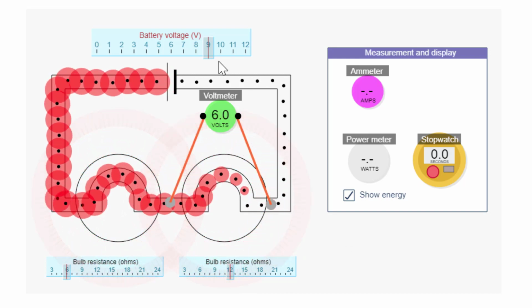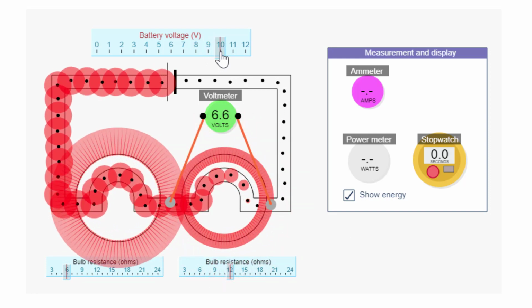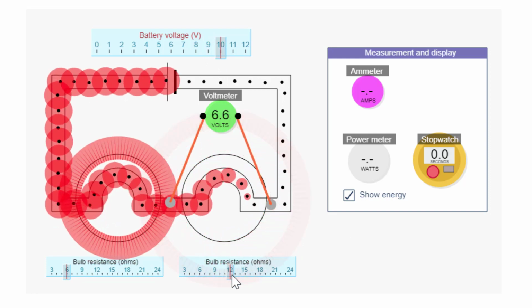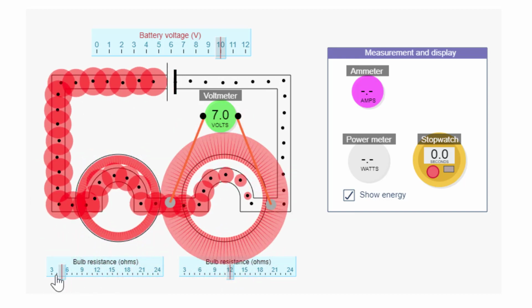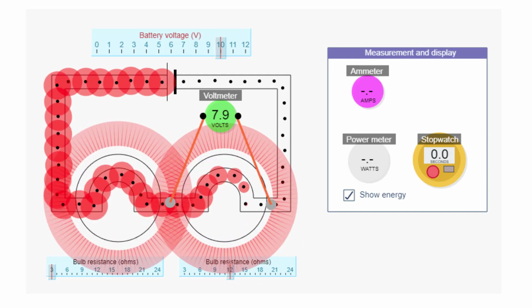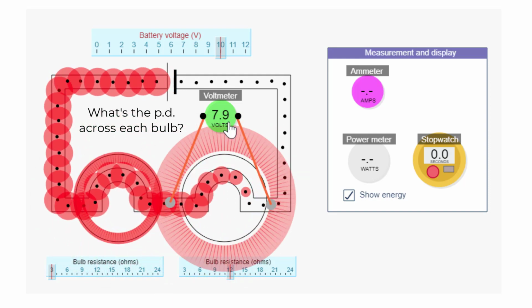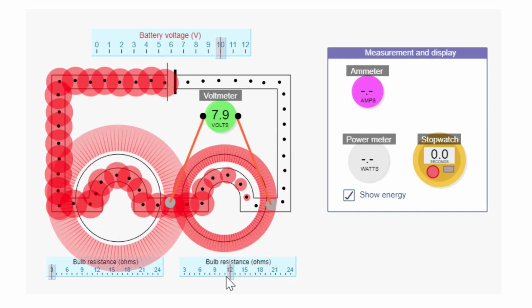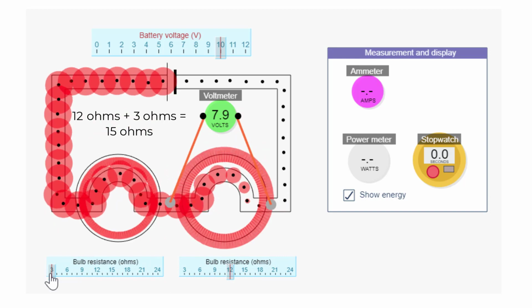Let's try one last one. We'll set the battery voltage to 10 volts and let's put the bulb resistances as 12 ohms and 3 ohms, like this. So what's the PD across each bulb? Well, again, ignoring rounding errors, 12 plus 3 is 15.